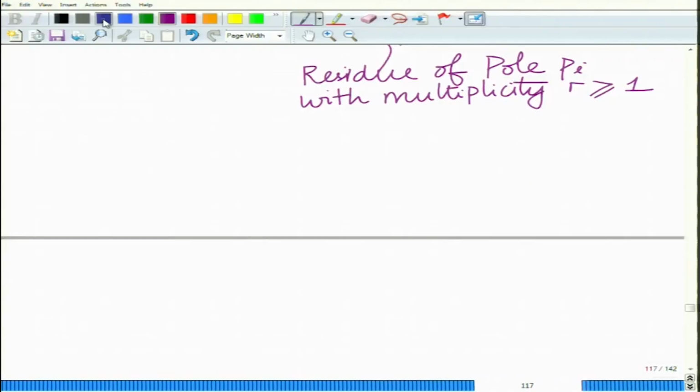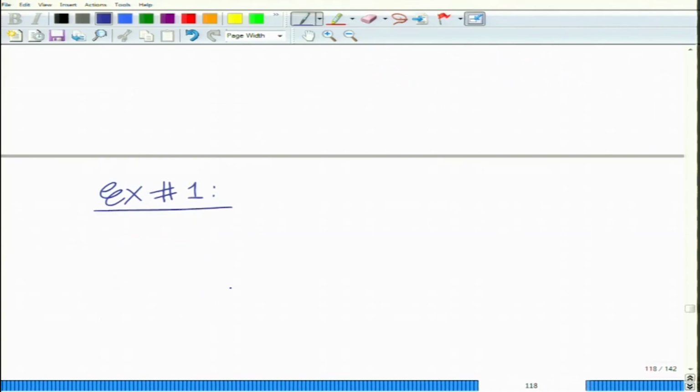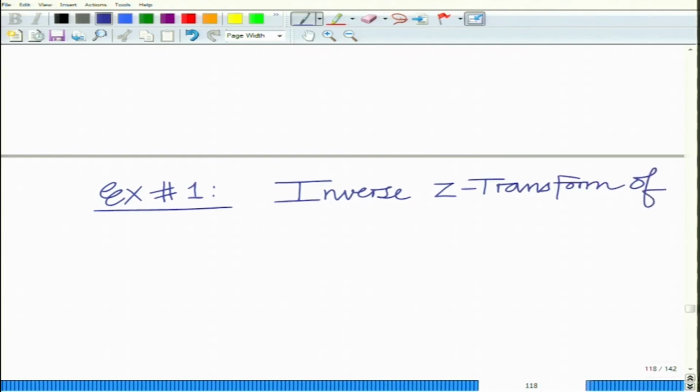All right. So, using this general inversion technique, let us do this simple example. Let us evaluate the inverse Z transform of X(z) equals 1 over (2z minus 1) into (z plus half).